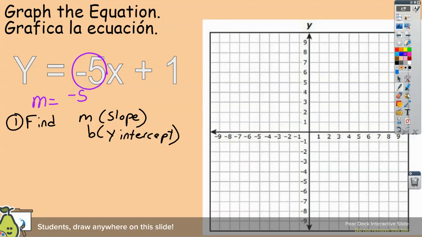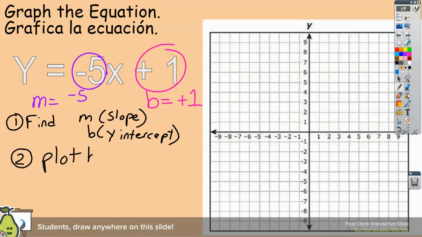M is negative 5, and B is plus 1. Okay? So my next step is going to be to plot B. It's a positive 1. So it's going to go here at the plus 1.